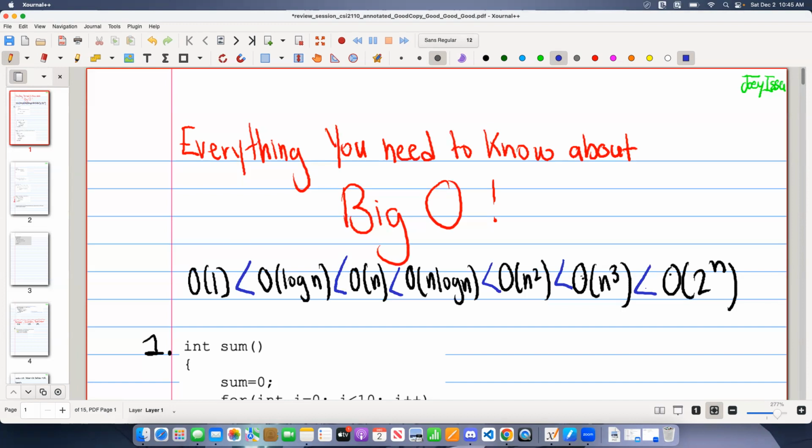A great way to visually see this is to graph each of these functions. O of constant stays at a steady pace. Calculating anything in O of constant is very fast compared to O of log n, which is some sort of function like this. Then O of n is going to be a straight line.